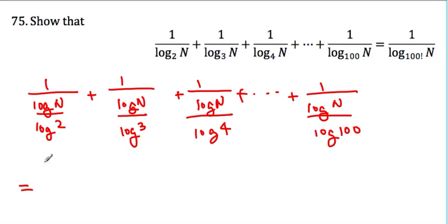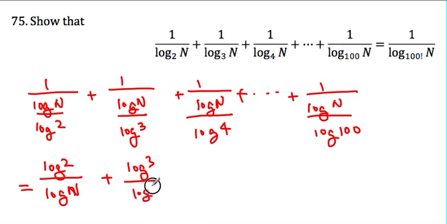So here we get log 2 over log n, plus the second one, log of 3 over log of n, plus log of 4 over log of n.